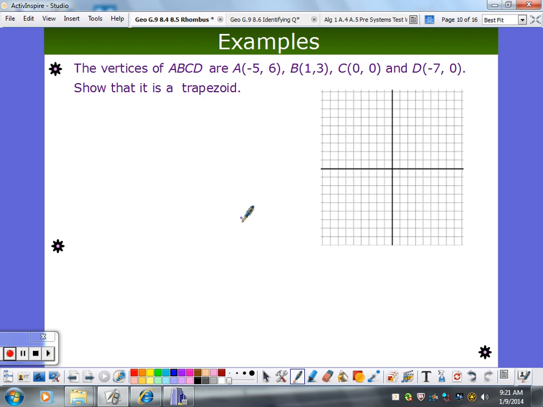What do I have here? Ooh, look at that one. I'm trying to see if this is on your paper. It's not on there, is it? Oh, yes, it is. I just didn't give you the graph. This is example A. So it's giving you the vertices of a trapezoid. You may want to sketch these. I didn't include that. I didn't have room there. So let's see. 1, 2, 3, 4, 5. 1, 2, 3, 4, 5, 6.